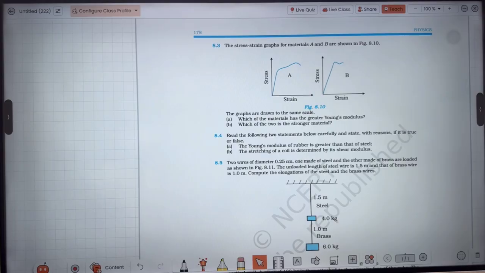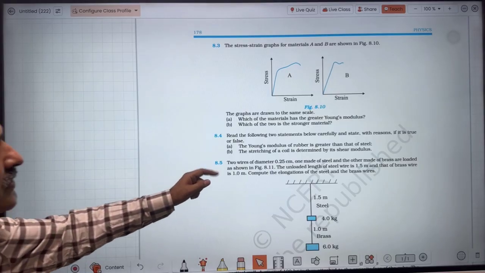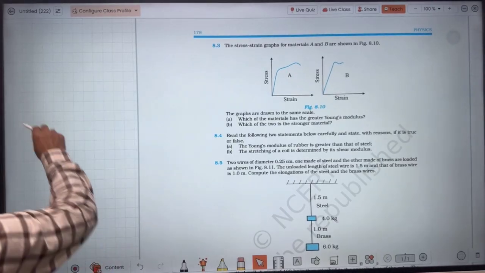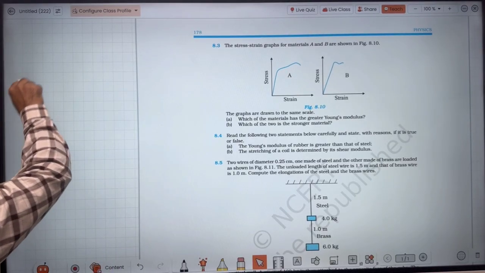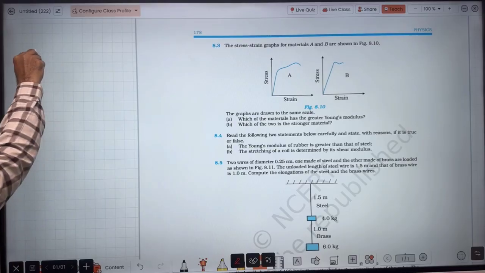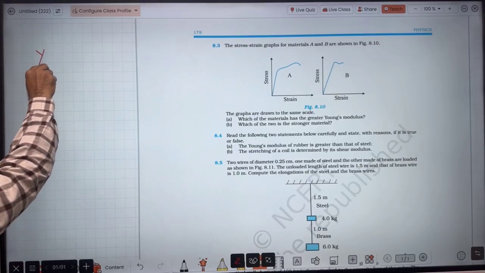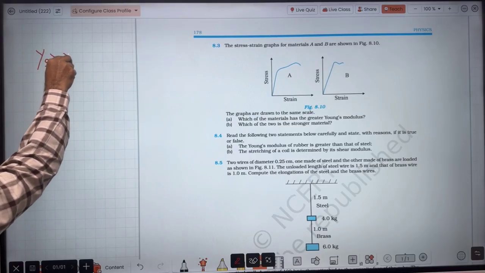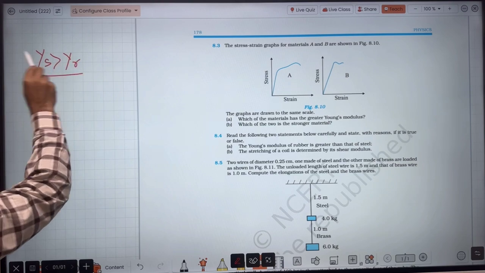Read the following two statements carefully and state with the reason if it is true or false. Young's modulus of rubber is greater than that of steel. So for this purpose, we have to see a proof. We have to prove that Ys is greater than Yr.